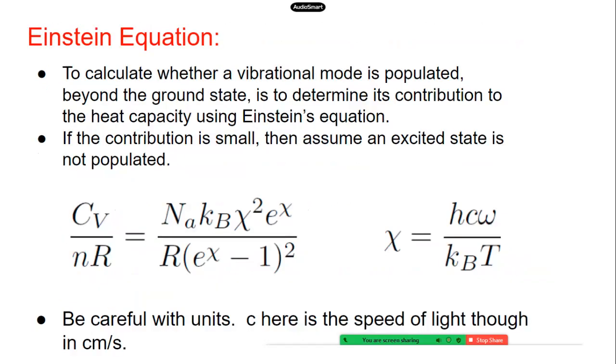Let's look at the Einstein equation, then carbon dioxide. So this is the Einstein equation. You do this for each of the vibrational modes. Why are we doing this for vibrational modes? Maybe I didn't say that. The equipartition of energy theorem is a classical argument. Remember I said earlier that it assumes all the modes are equally populated. Well, that's not true.